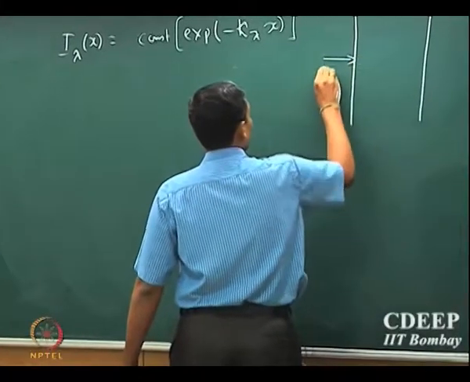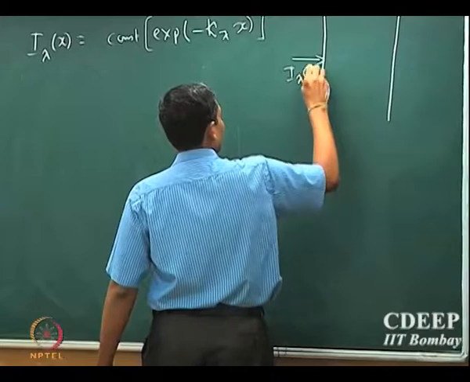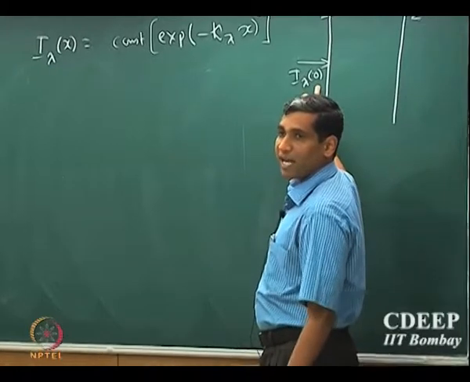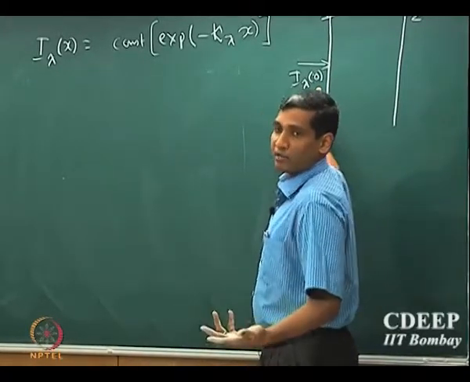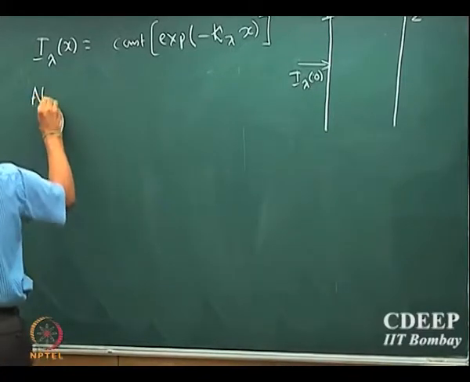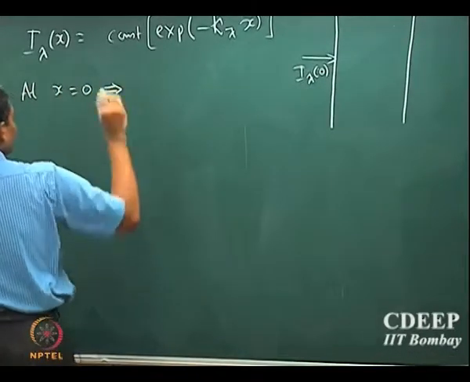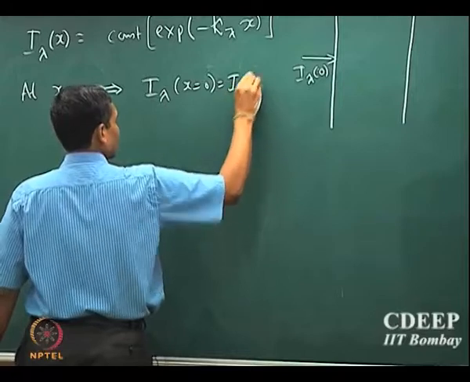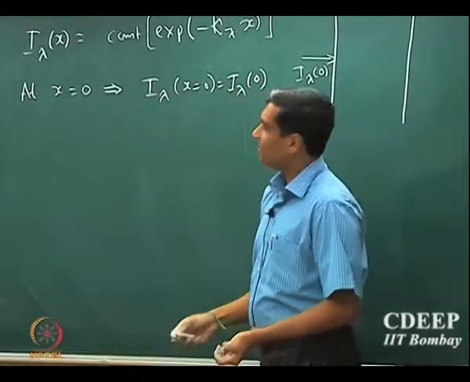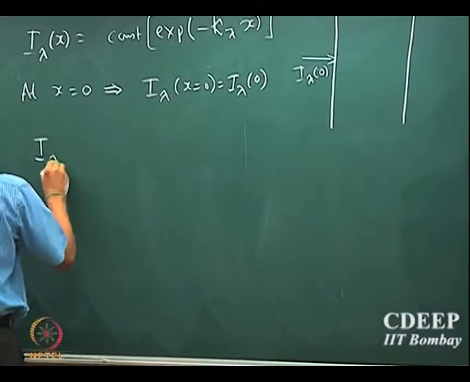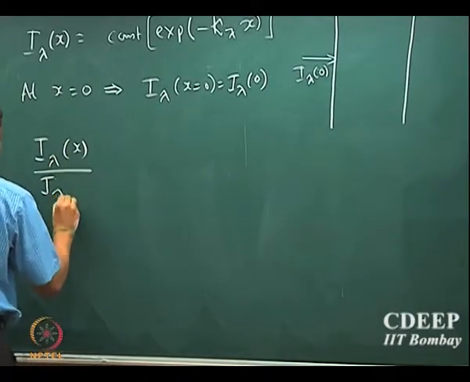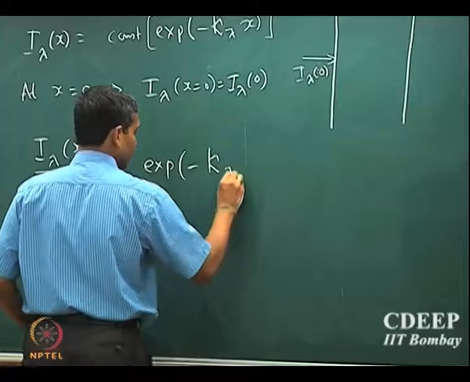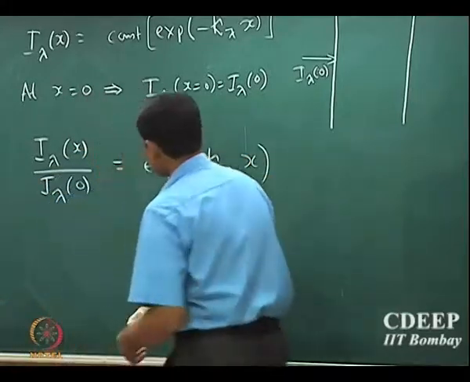Remember the picture, surface 1, surface 2: what is entering at x equal to 0 is I lambda naught, okay. If I know how to measure that, I am done, right. So at x equal to 0, that is the boundary condition. I can substitute that and find that I lambda x divided by I lambda naught is equal to exponential of minus kappa lambda x, okay.